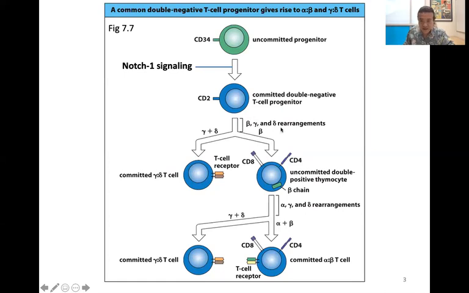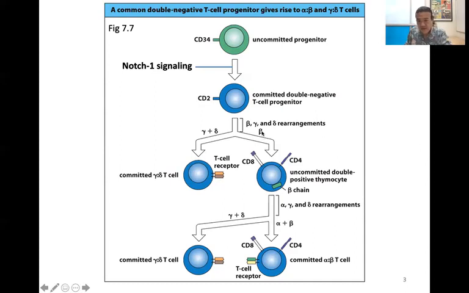And if the gamma and delta chains actually work and they make gamma and delta chain proteins, then the T cell just becomes a gamma delta T cell, and its time in the thymus is done, right? It can now be released to go do its gamma delta T cell functions, which have to do more with tissue maintenance rather than looking for novel antigen signals.